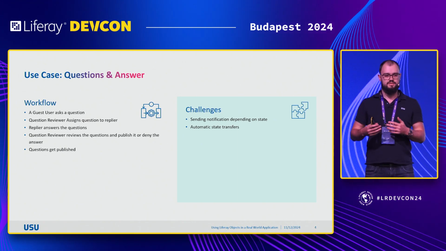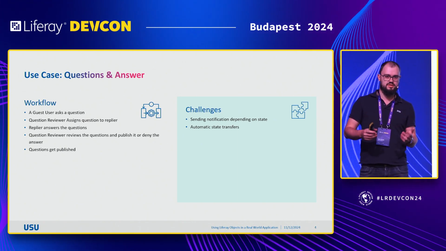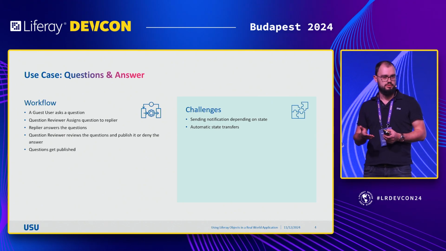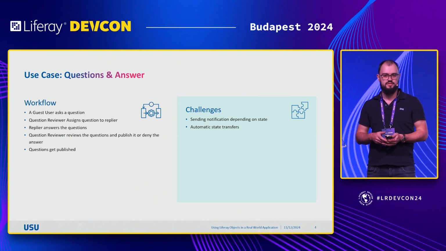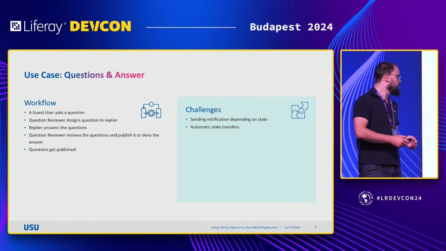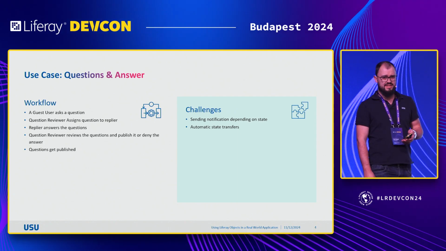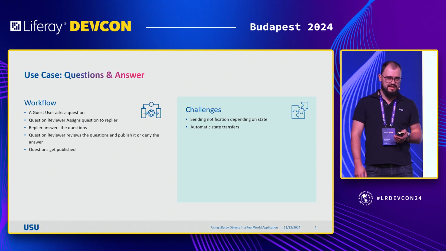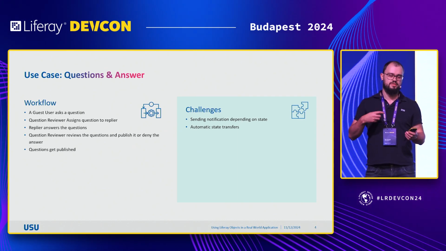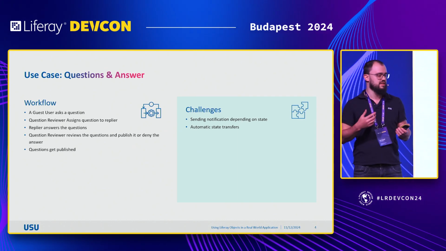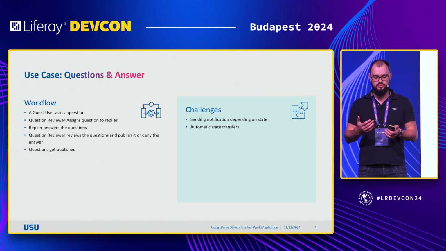The experts then have to answer this question and assign it back to the question reviewer, who then publishes the question if the answer was okay. What challenges did we have here? One challenge was sending notifications depending on a state, and not only because of the state, but also because of the automatic state transfer we had to use.